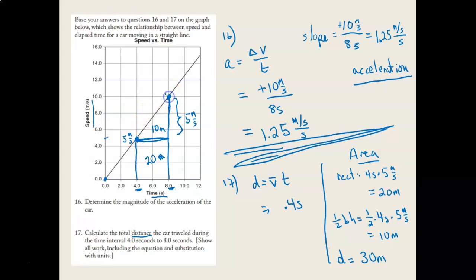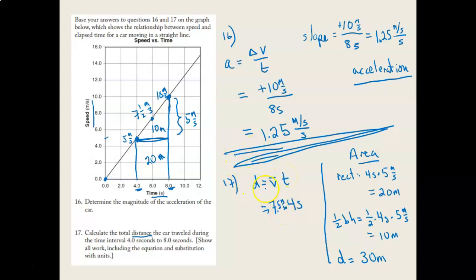We were traveling at 10 meters per second at the end of this time period. So what's the average? What's right smack in the middle of 5 meters per second and 10 meters per second? 7.5 meters per second. Okay, so our velocity is 7.5 meters per second.